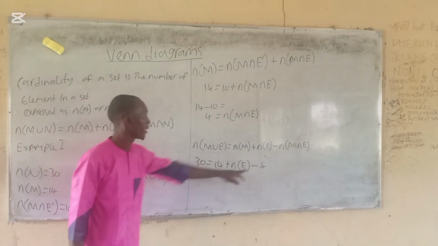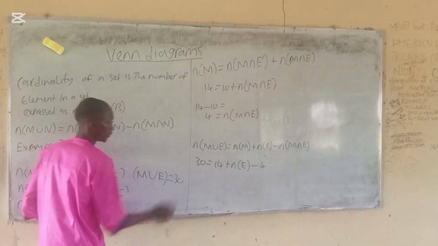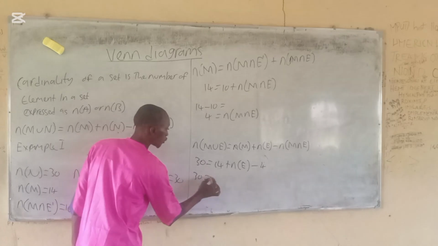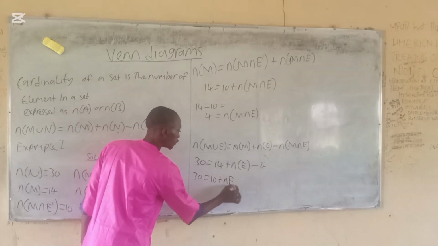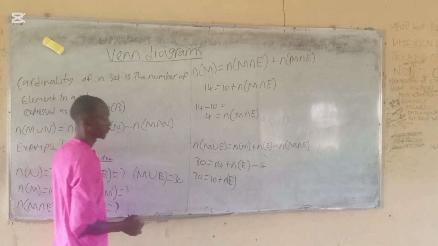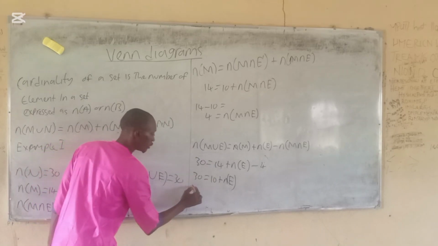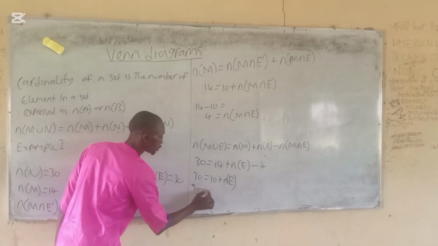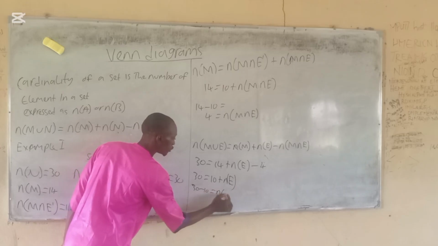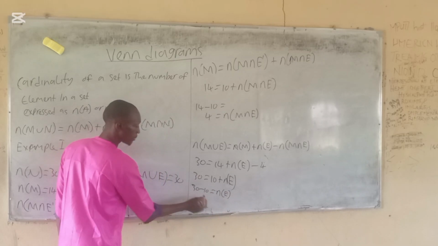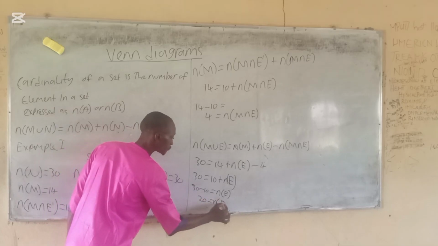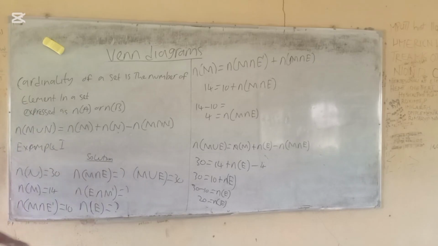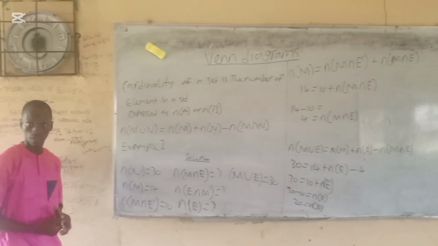Now, 14 minus 4 will give us 10. So 30 is equal to 10 plus the number of E. Then take the 30 minus 10, equals the number of E. 30 minus 4 gives us 20, equals the number of E. We have gotten this.